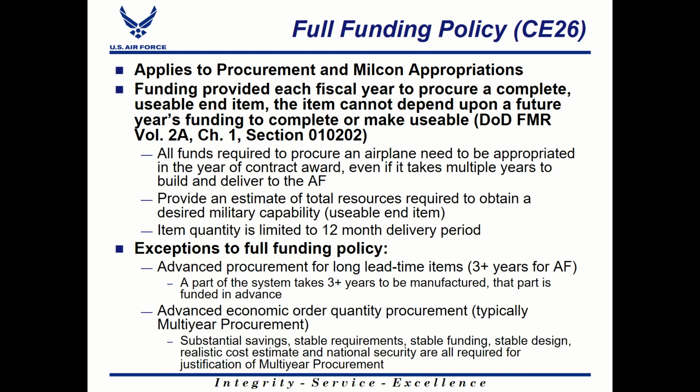This is again just to ensure that we're not tying up money for too long waiting for components to become available. The other option for the exception is advanced economic order quantity procurement.